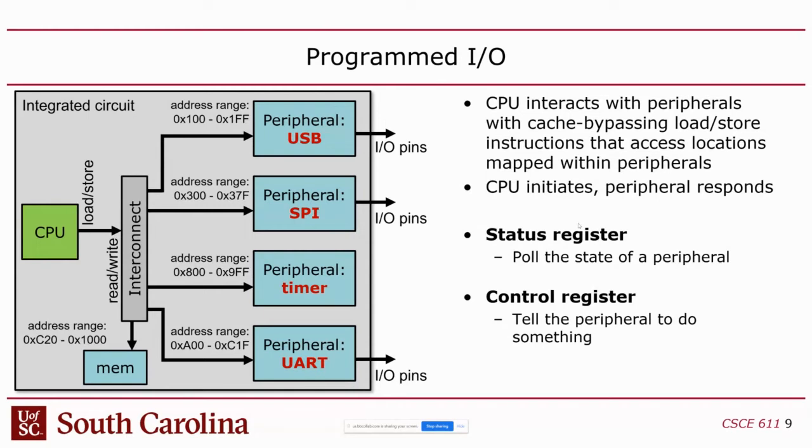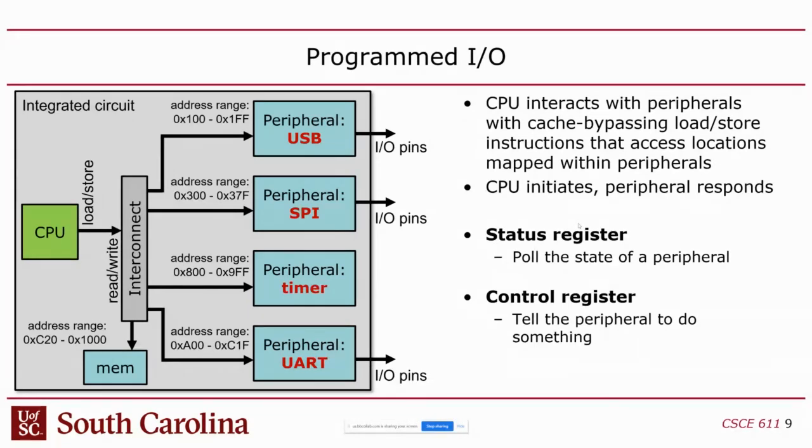Some things are not I/O. A GPU is kind of a slave processor, accelerator, or coprocessor, whatever you want to call it. But that's what I mean when I say peripheral. Each peripheral, anything that the CPU can communicate with, is associated with a range of memory addresses.